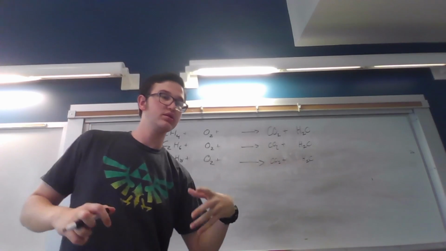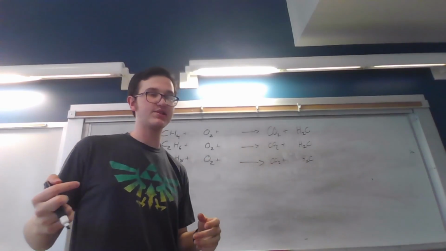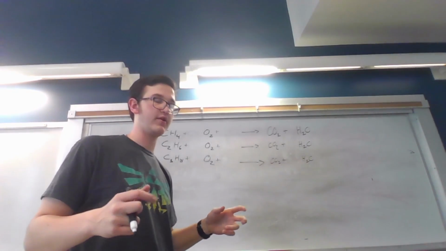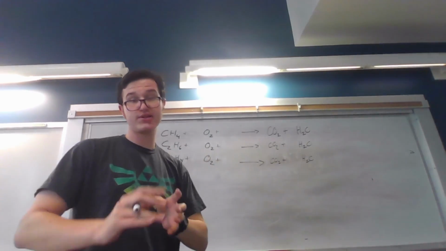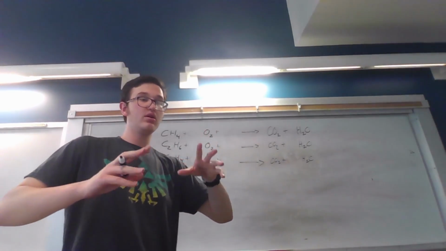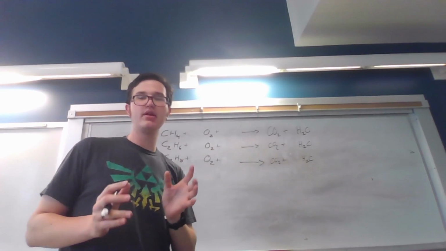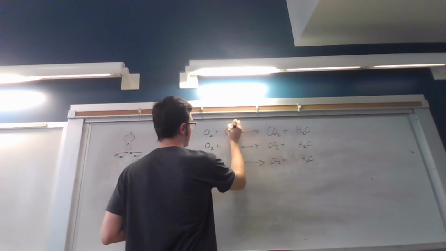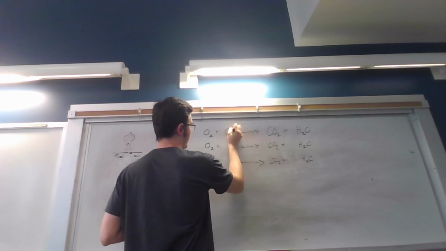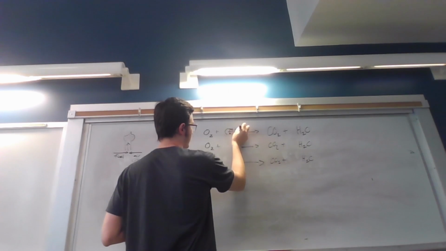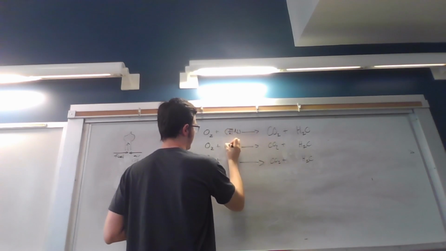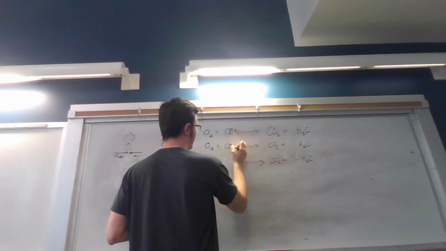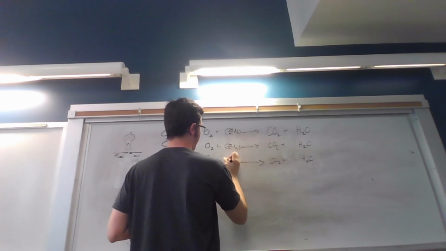Well, if it's 79%, that means there is 79 over 21 amount of nitrogen relative to oxygen, because that's the percentage it is. So 79 over 21, and I'll add that to everything.